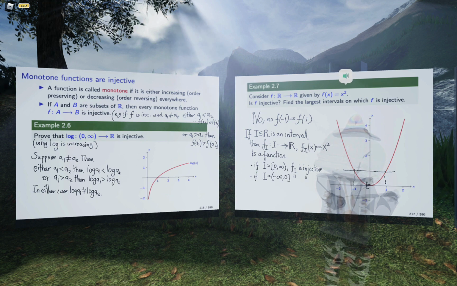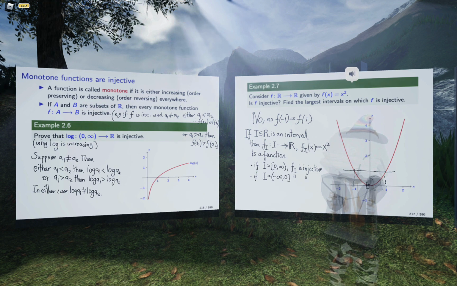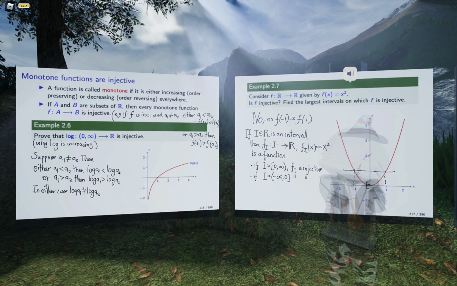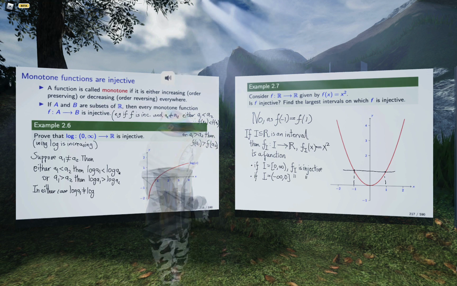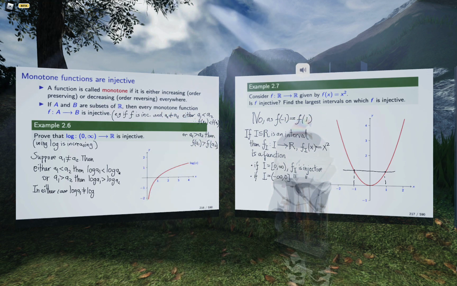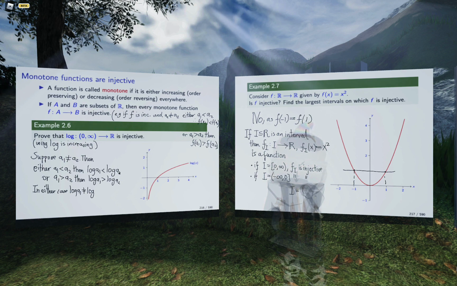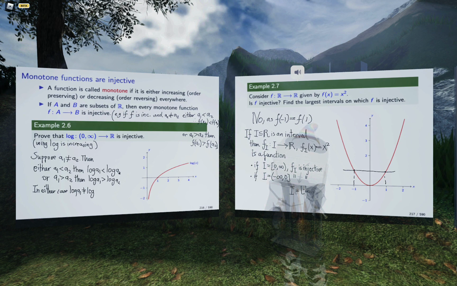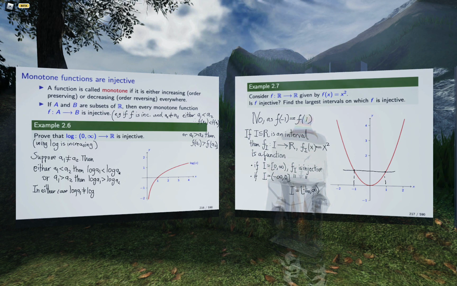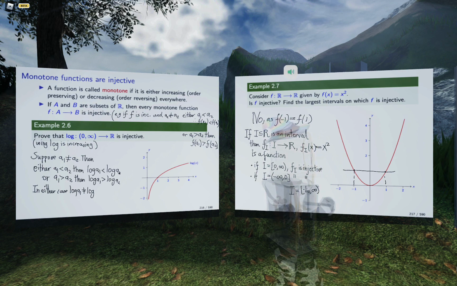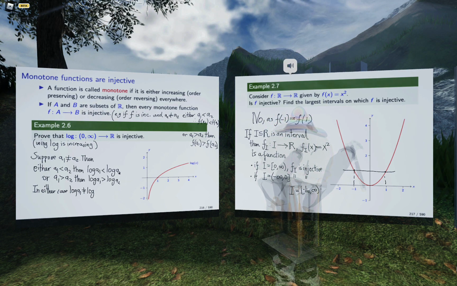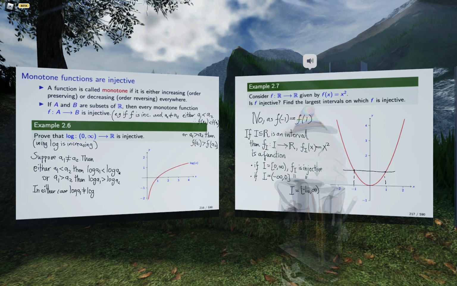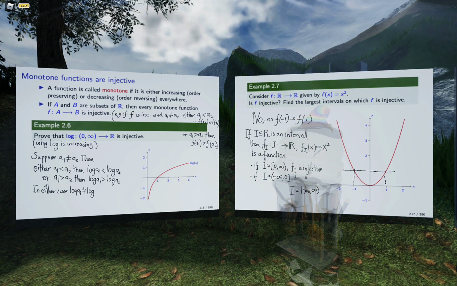If I were to add to the positive real numbers and 0 a small chunk that lives in the negative real numbers, that is, if I were to consider this interval from minus 1 on 100 to infinity, well, F_I is not injective on that interval because you can draw a horizontal line very close to the axis and hit 2 points.